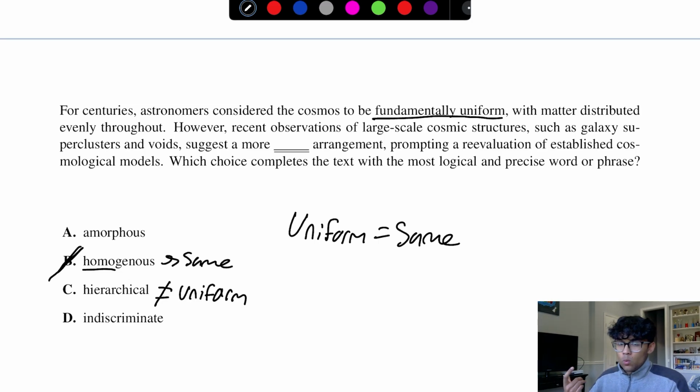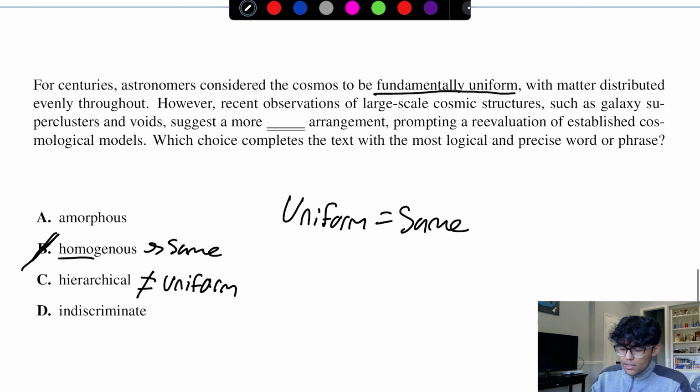You don't care about what clothes to wear. So that could make sense, but I think indiscriminate is a little bit more related to thoughts. But obviously the arrangement of the universe doesn't really have any thoughts behind it, right? It's like a process that we can't explain. So indiscriminate doesn't really fit here compared to the other two answer choices that we have.